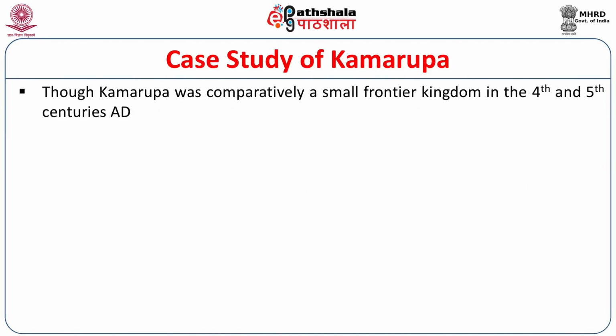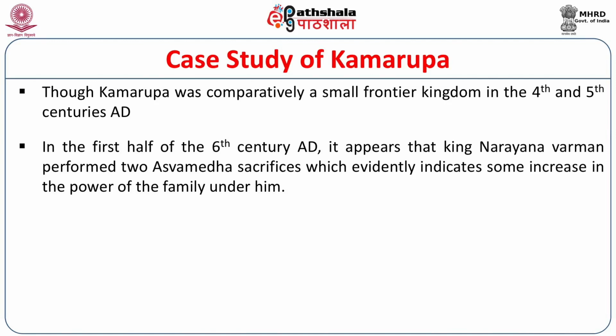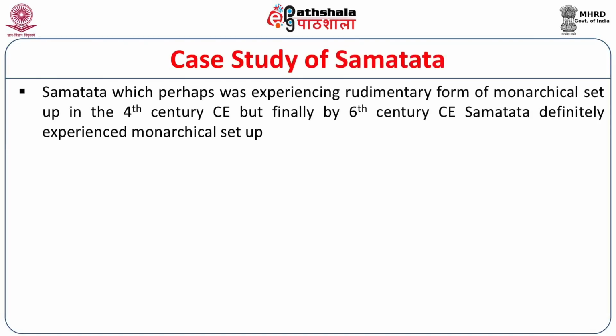Though Kamarupa was comparatively a small frontier kingdom in the 4th and 5th centuries AD, in the first half of the 6th century King Narayanavarman performed two Ashvamedha sacrifices, which evidently indicates some increase in the power of the family under him. Gradually Kamarupa emerges as an independent kingdom and becomes one of the major powers in the early 7th century.